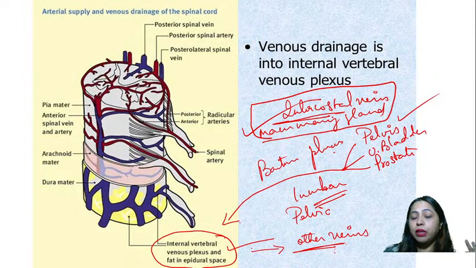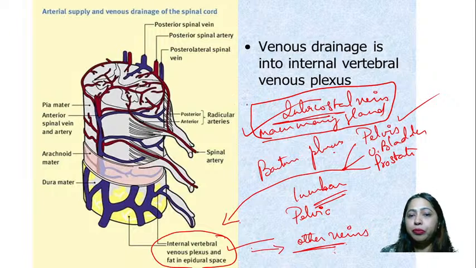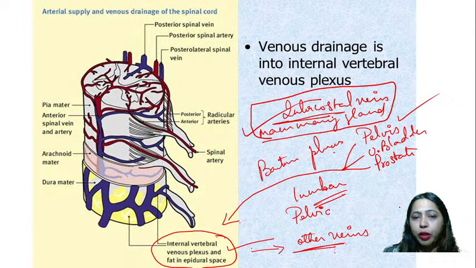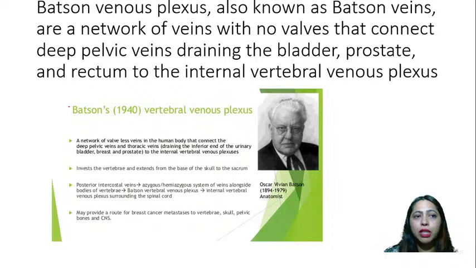Since the valveless nature of these veins can cause so much problem, it's very important to make sure that the carcinoma is kept in check, because there is a lot of communication that happens through the venous plexus in the vertebral region. So this is Batson's venous plexus.